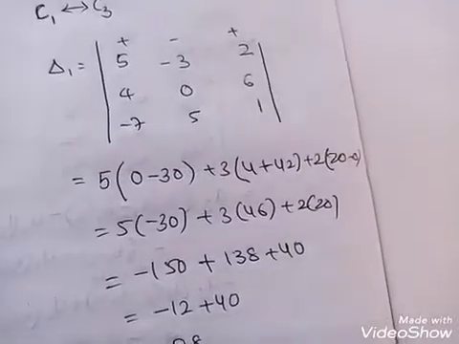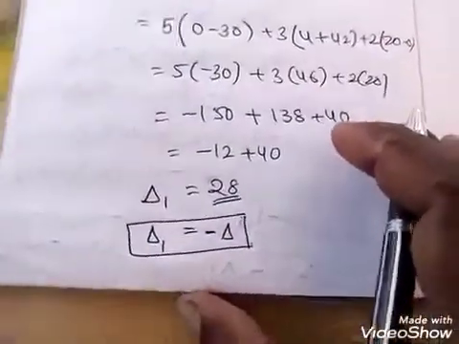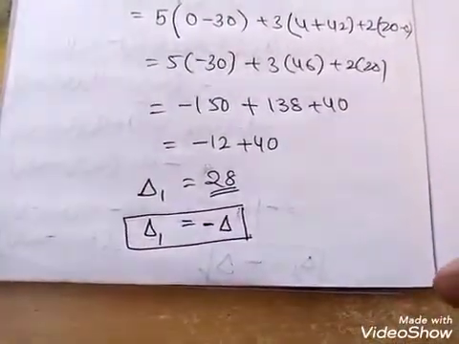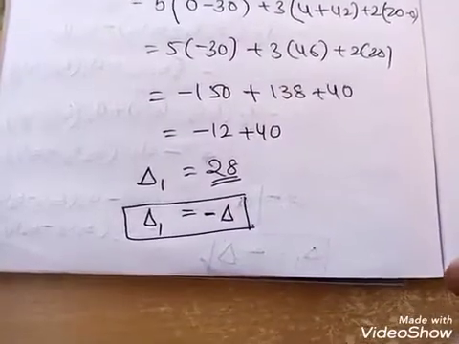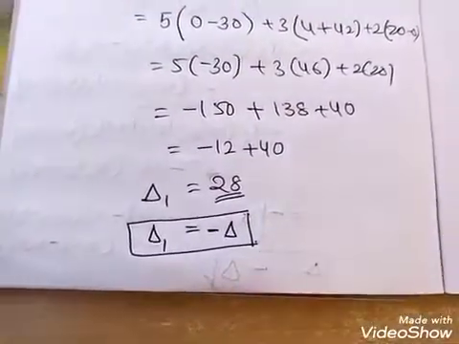That means if you interchange any two rows or columns, the sign of the determinant changes. Next, property 3. What is property 3?